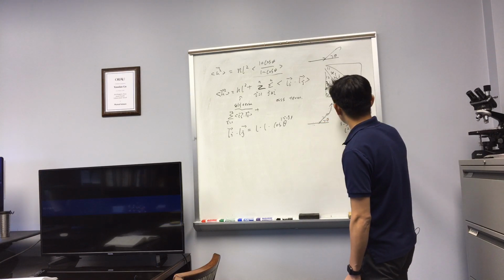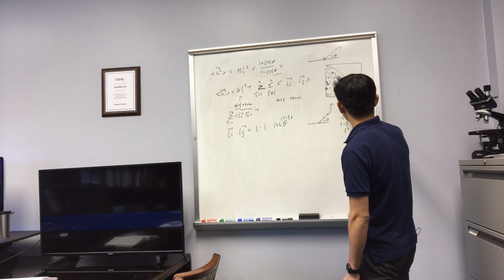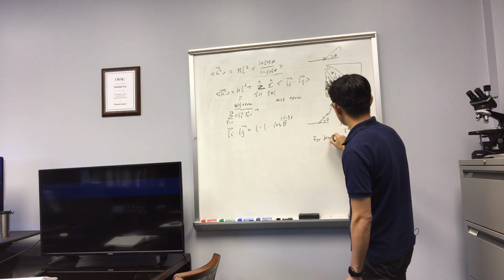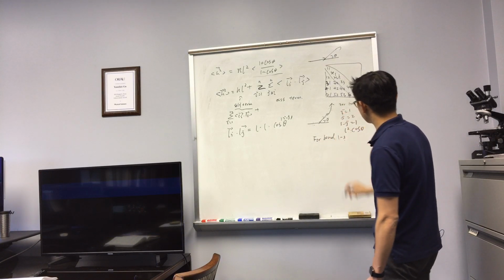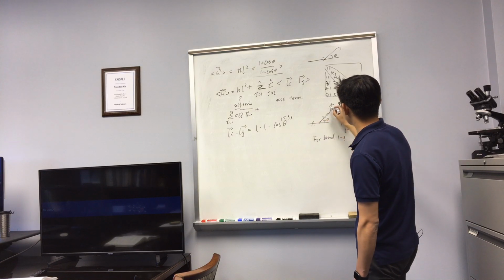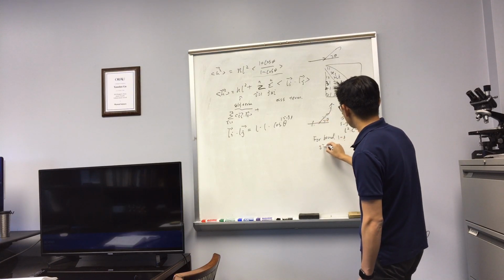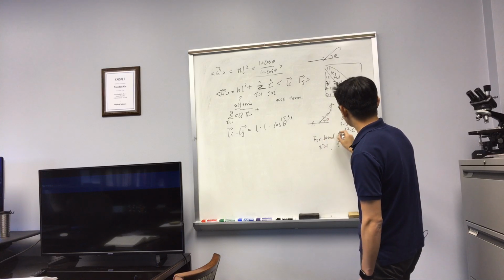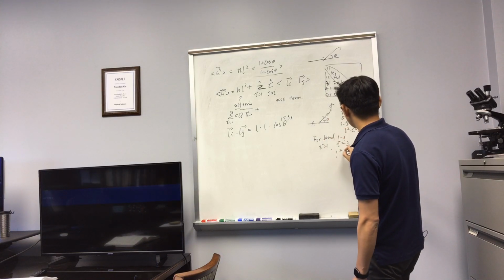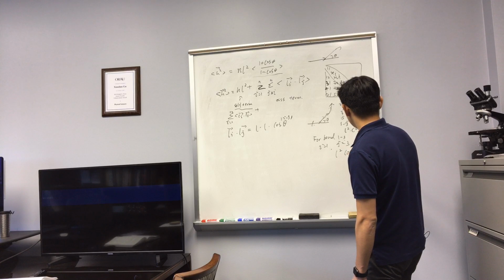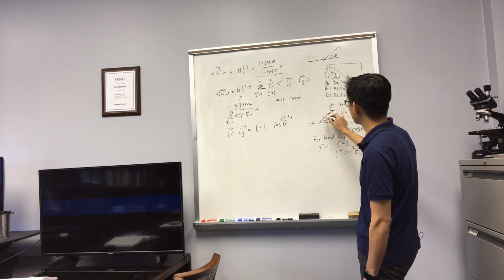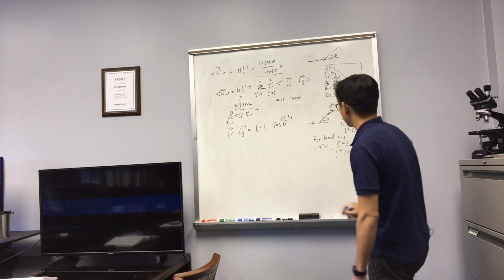But if you consider bond 1 and bond 3, now consider this bond and this bond. So i equals 1, j equals 3. So your projection now will be L square cosine theta square, because it's projected once onto bond 2 and projected again onto bond 1, right?